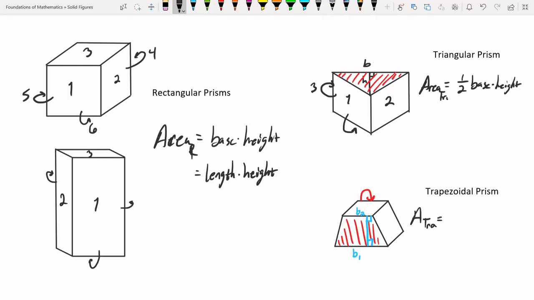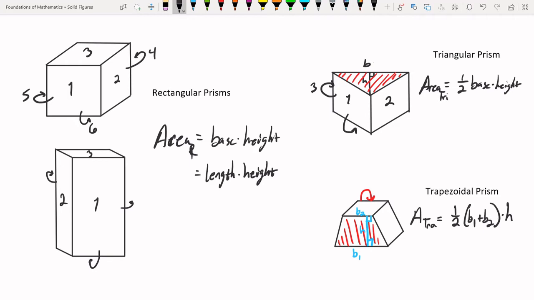Area of a trapezoid is 1/2 base 1 plus base 2 times the height. That's what this blue line is here, the height. So it's 0.5 times base 1 plus base 2 times the height.